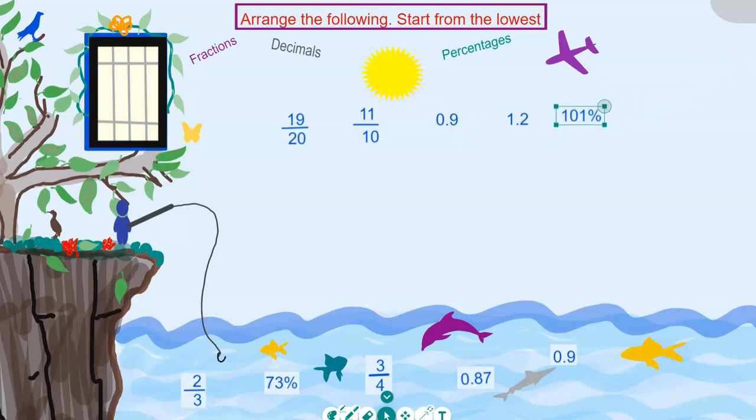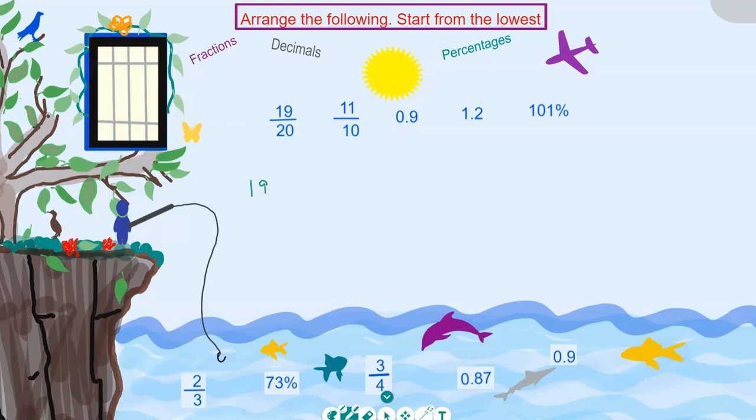So let's look at these numbers. For this question, I think it's easier to make them all percentages this time. Okay, so let's have a look. 19/20, 11/10, 0.9, 1.2, and 101%. Okay, to change a fraction to a percentage, we'll have to make the denominator 100.